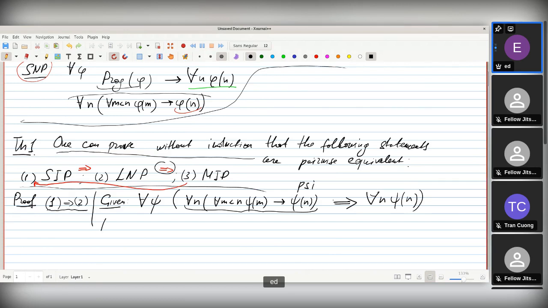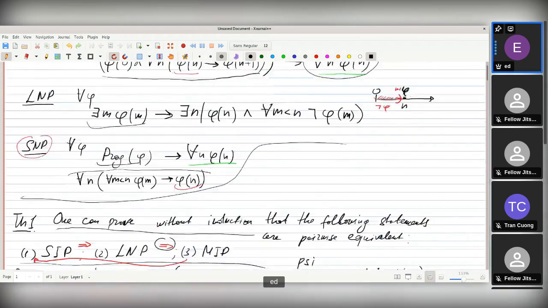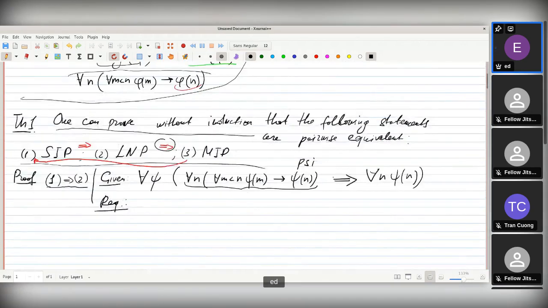And what is required? It is required to prove the least number principle. So I have to prove that for every phi, something holds. But how can I do it?